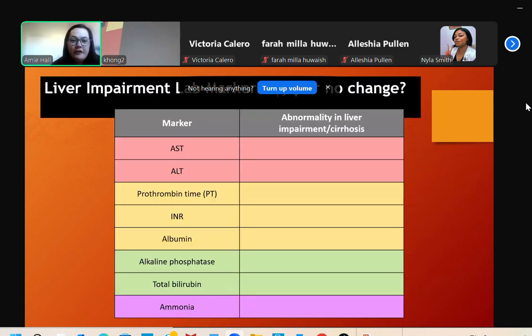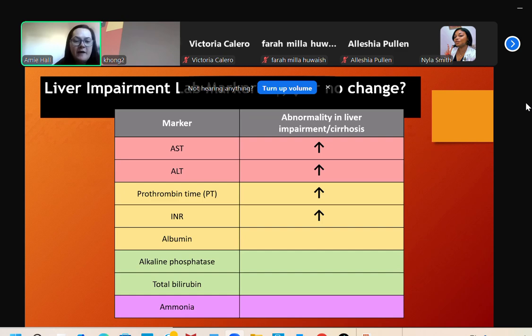All right, so just to review, if a patient has cirrhosis or liver impairment, AST is going to go up, down, or stay the same. ALT is going to go up, down, or stay the same. Prothrombin time is going to go up, down, or stay the same. INR is going to go up, down, stay the same.